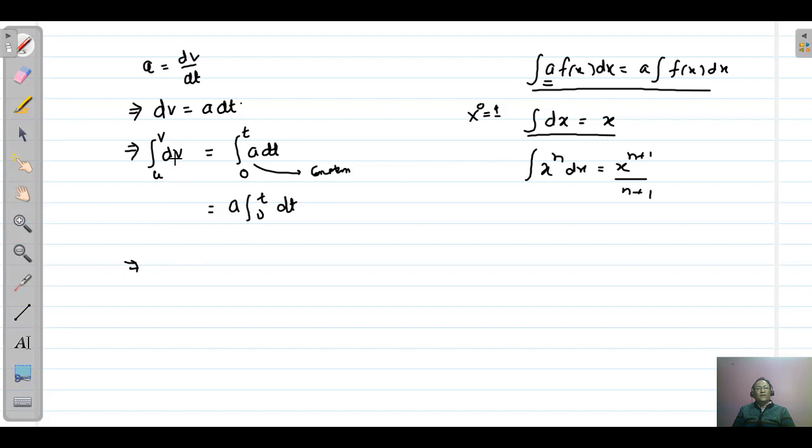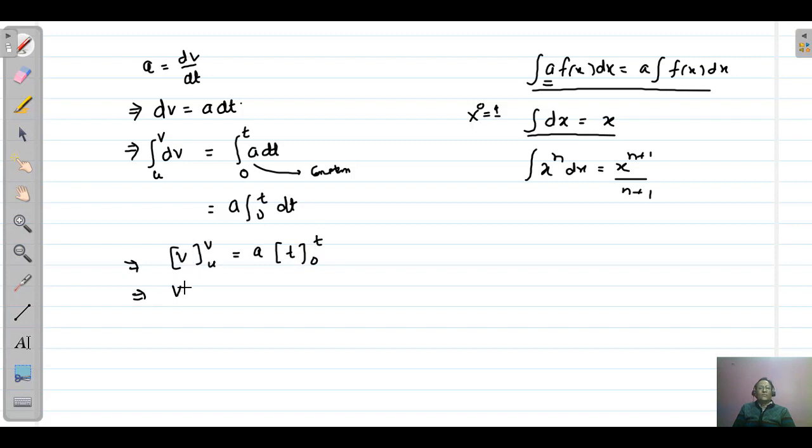So we are integrating dv here, so we will get v with lower limit u and upper limit v, equal to a times t, with lower limit 0 and upper limit t. We put the limits: the upper limit is put with a positive sign and the lower limit with a negative sign.